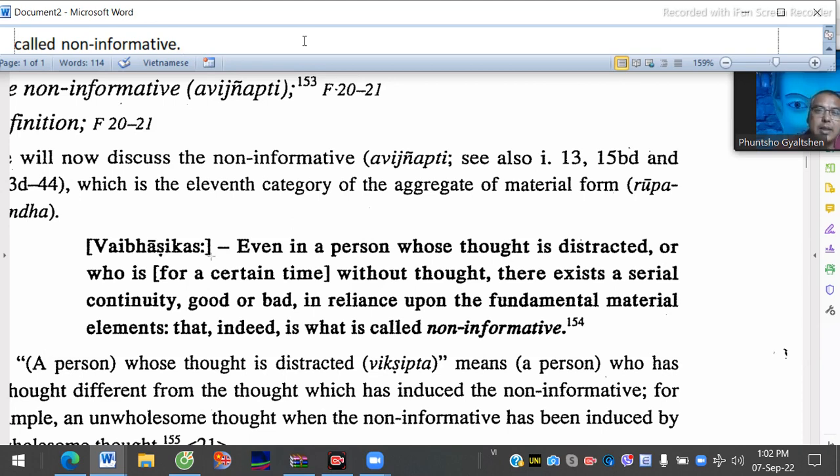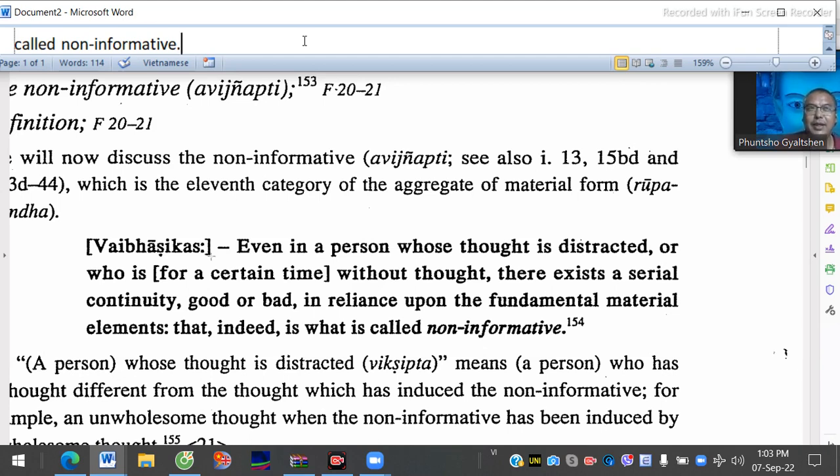Now what the Vaibhashika or the realist groups are asserting here is the presence of something called the non-informative body. So avijnapti, or this non-informative body, is a kind of body that doesn't announce or express its own presence.